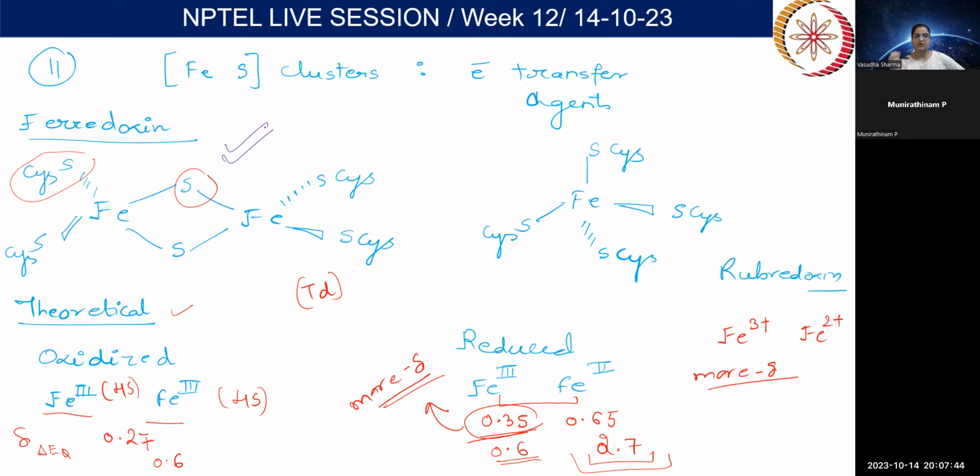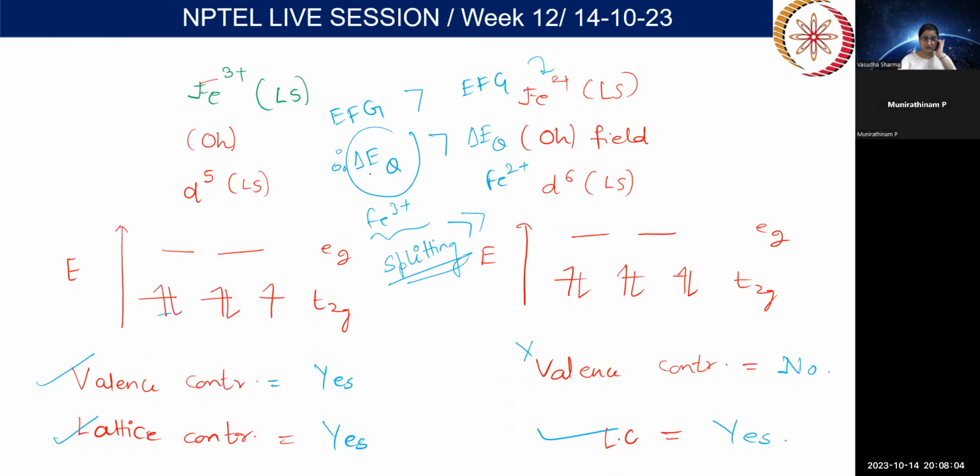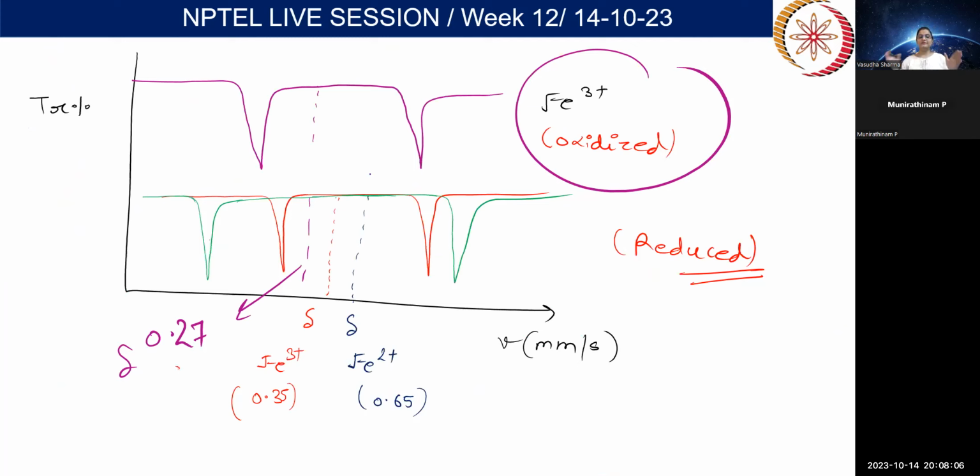Yes, ma'am. One is sulfide, another is sulfur of cysteine. Are they the same? Both are different, ma'am. So when both are different, both give lattice contribution. So electric field gradient is there, but in the case of iron 2, we have more. In the case of iron 2, we have more splitting compared to iron 3. Clear? Okay, ma'am.